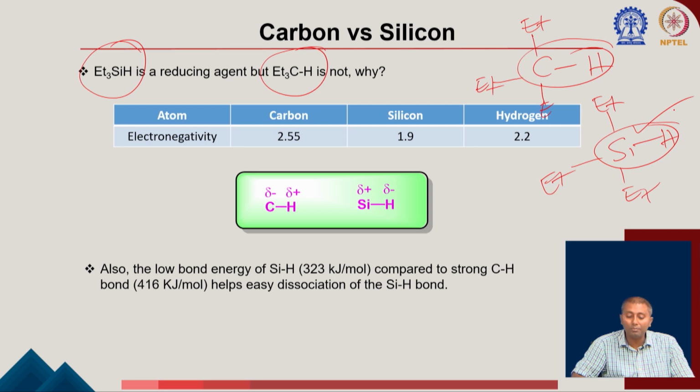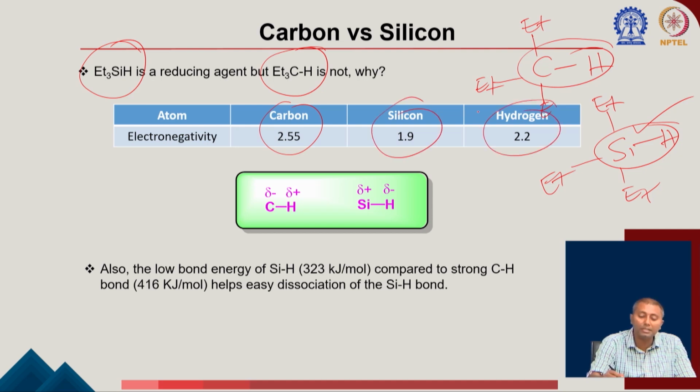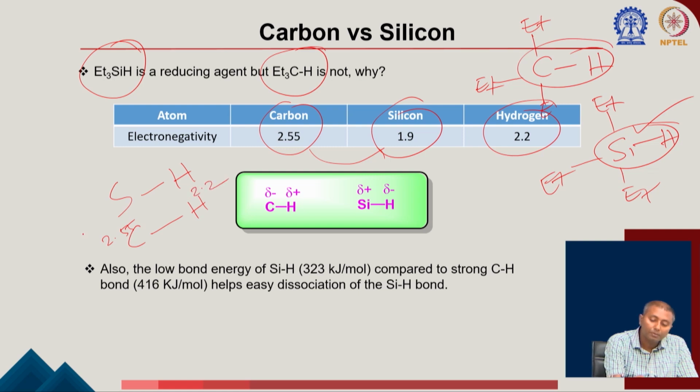One of the important things, as I said, once you come to carbon versus silicon versus hydrogen, is that the electronegativity decreases from carbon to silicon, and then it increases. So, once you compare the silicon hydrogen bond versus the carbon hydrogen bond, if you write the electronegativity on top of it, you can see the difference of electronegativity in the case of silicon hydrogen will be much higher.